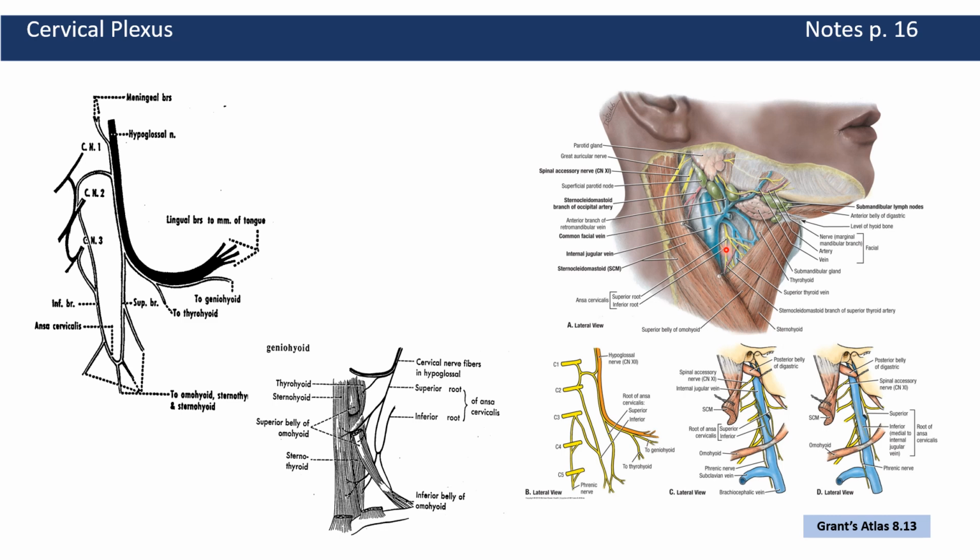So you may see a short one in some bodies and a long ansa cervicalis in other bodies. Regardless, it's closely associated with the internal jugular vein, which can be found in the carotid sheath. So you have that fascial layer surrounding it, deep to the sternocleidomastoid muscle, which is shown here.